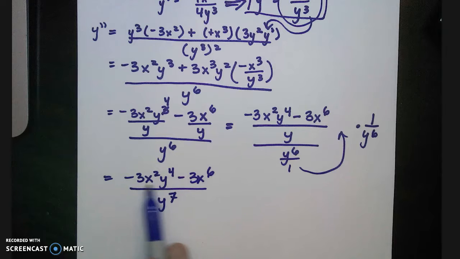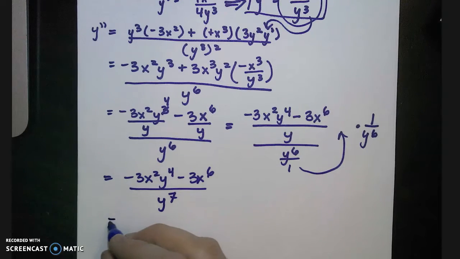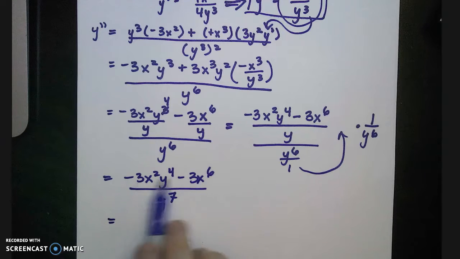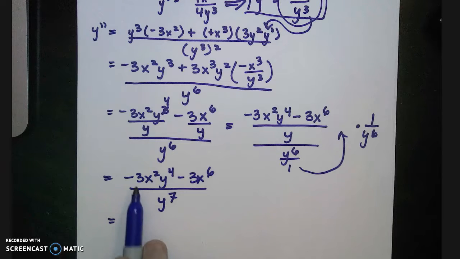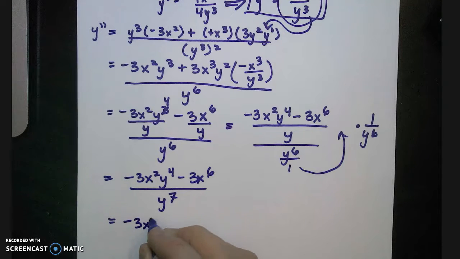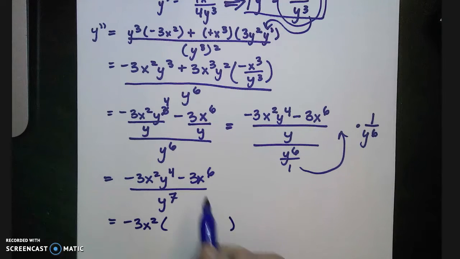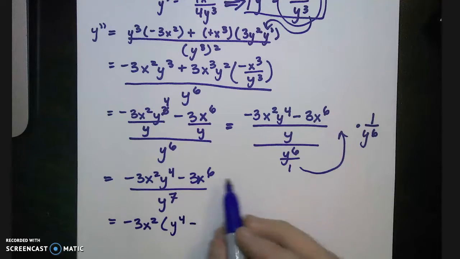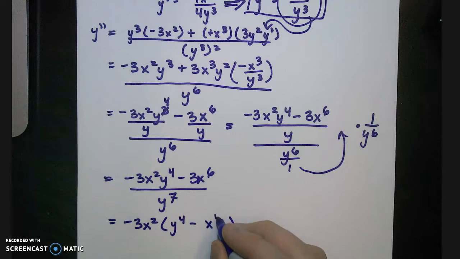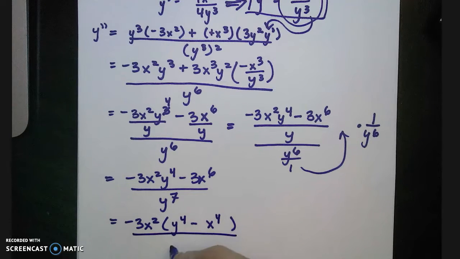On top, we've got some common factors that we can factor out. So I've got a negative 3 in common, and they also have an x squared in common. So if I factor that out, that would leave me with a y to the fourth minus an x to the fourth.